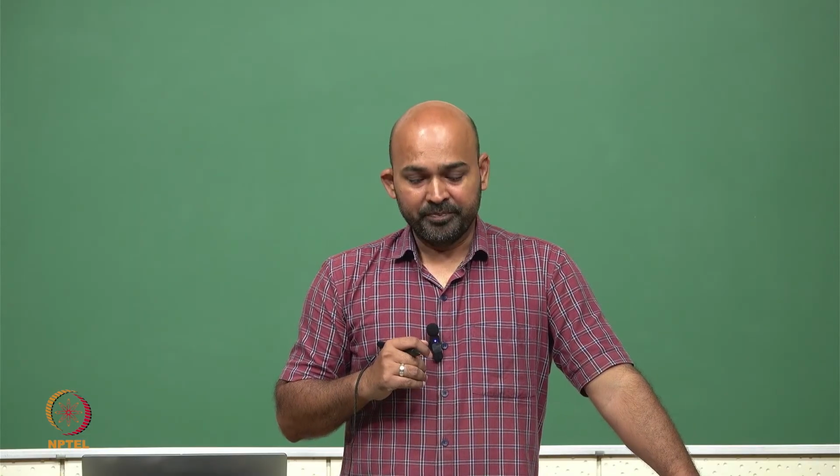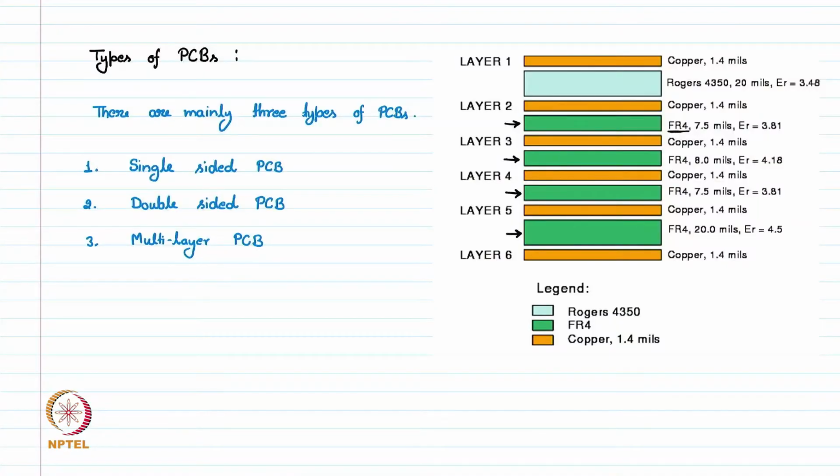However, in this figure if you see, we have multiple layers of this green substrate, which is our FR4 substrate. If we have a large number of components, for example all these laptops and all complicated electronics, where we have hundreds, thousands of components on a single PCB, then it is not possible even to put them on two sides of the substrate, on top and bottom.